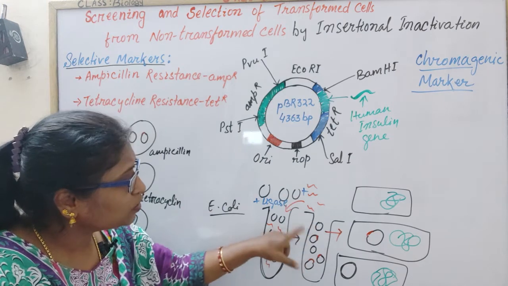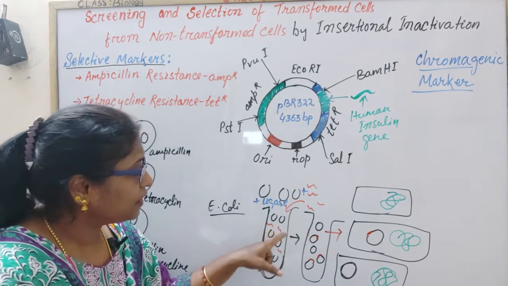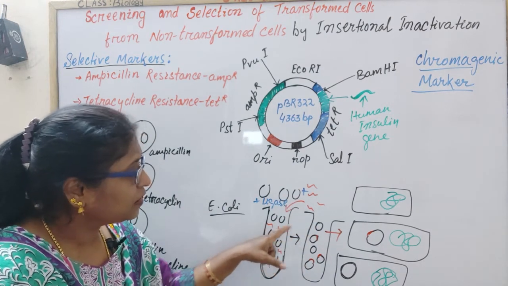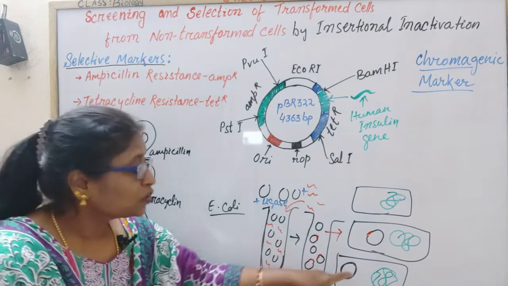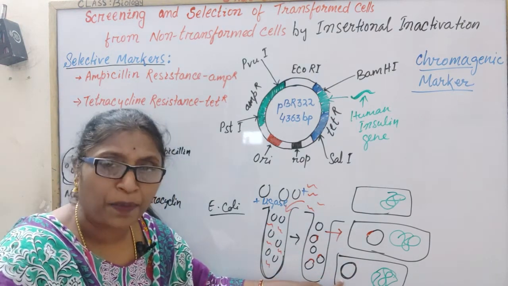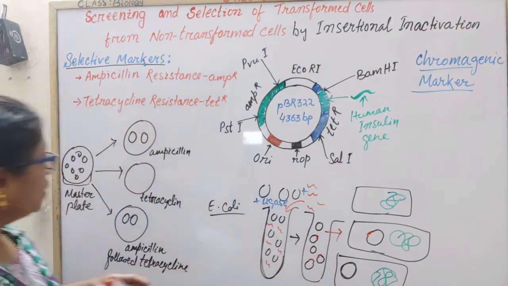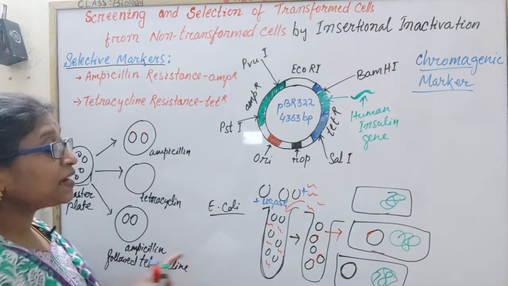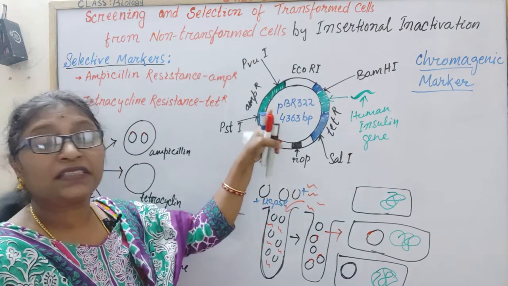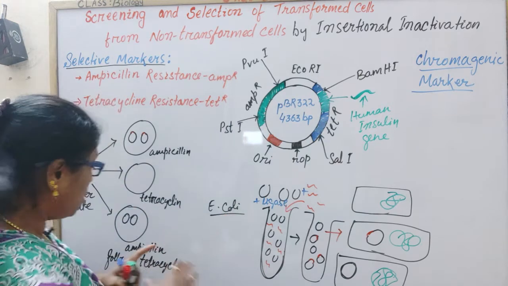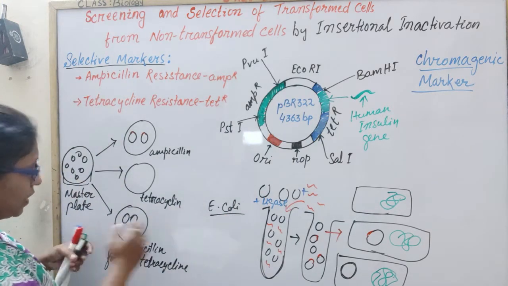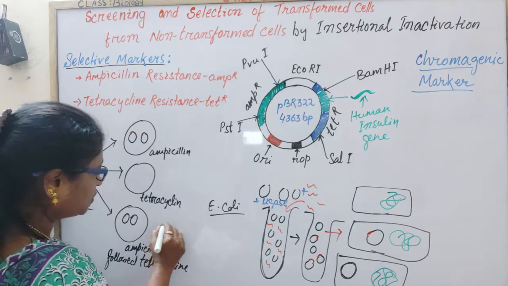Without incorporating that desired gene, some plasmids are rejoined. Suppose these are having this type of non-recombinant plasmid, then they are resistant, because they have both ampicillin and tetracycline resistance, so both they are surviving. Here they are surviving.